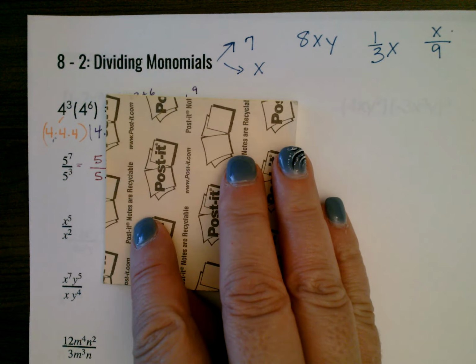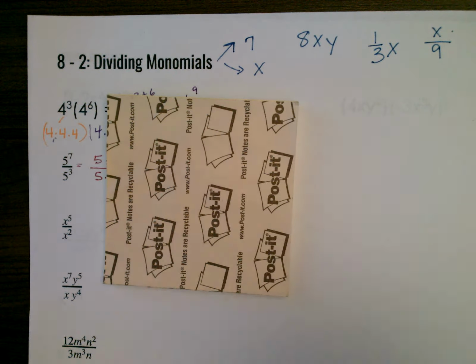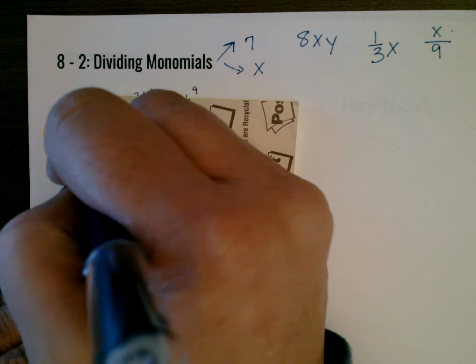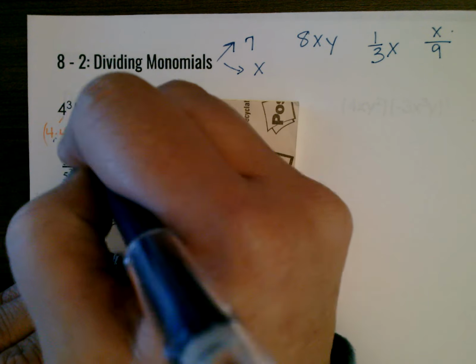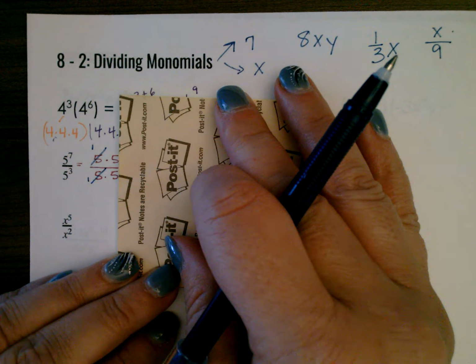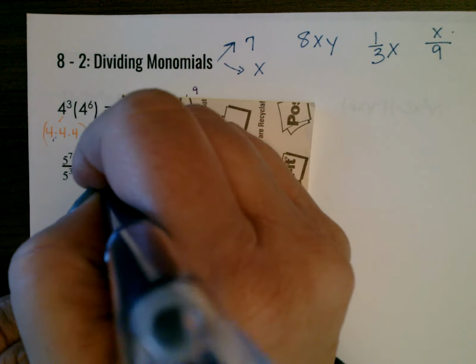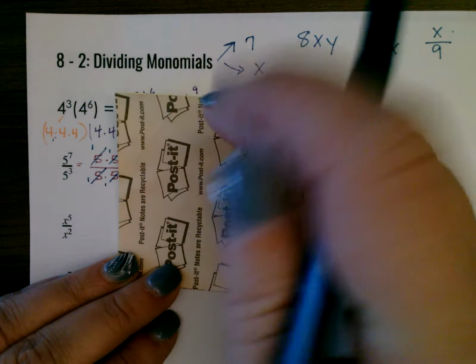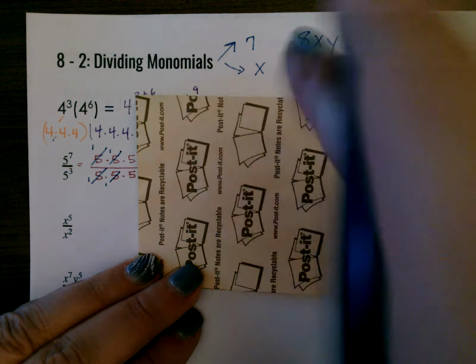When we look at division, if you think back to when you first were learning fractions, if I gave you the fraction 5 over 5 and asked you to reduce or simplify, you would know 5 over 5 really equaled 1 over 1, or 1. Now I have another 5 over 5, which can be simplified to 1.